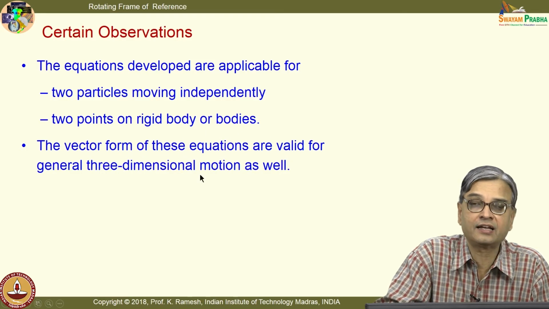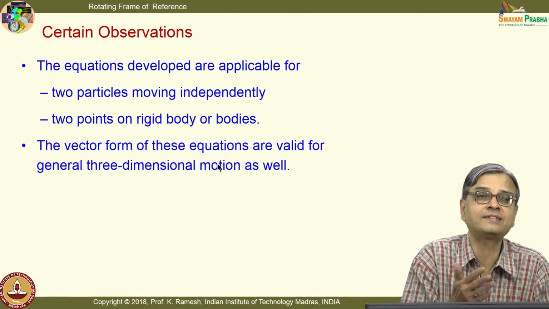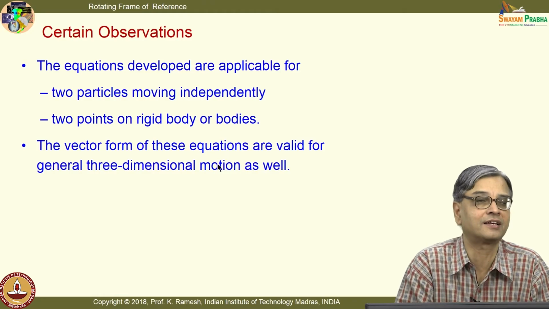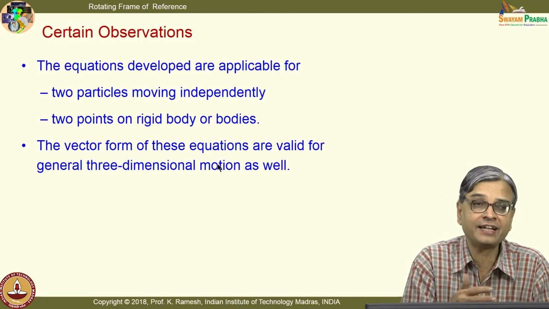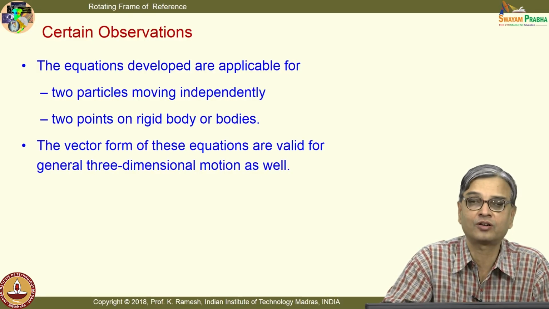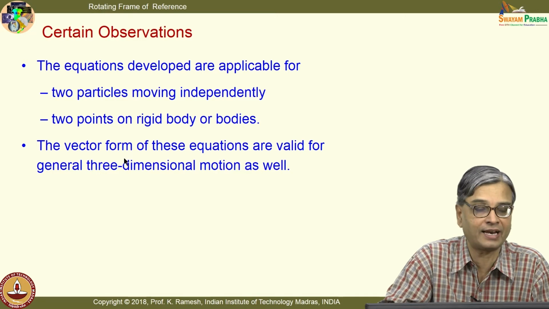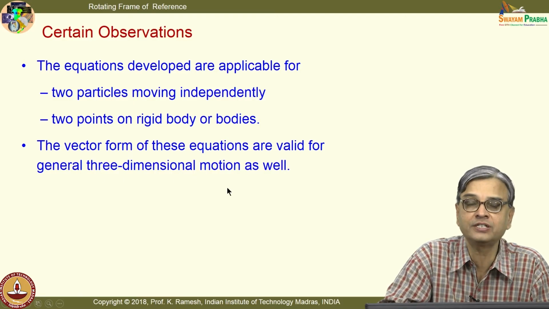And another saving grace is we have developed it using a vector notation. For simplicity, I have started with the planar situation. I do not need to change anything if I go to 3 dimensions. So, all your robotic arm and other things which you can analyze, again based on these equations, they are valid for general 3-dimensional motion as well.